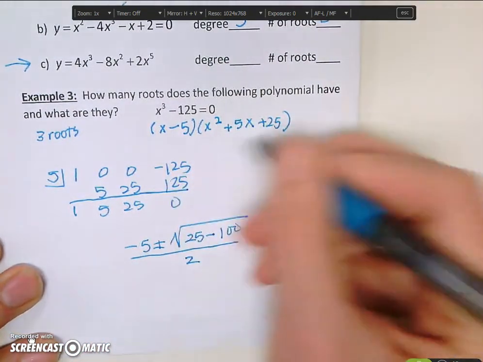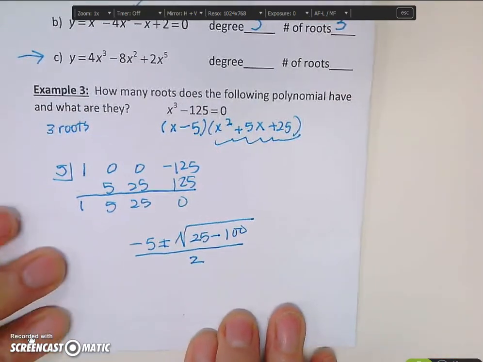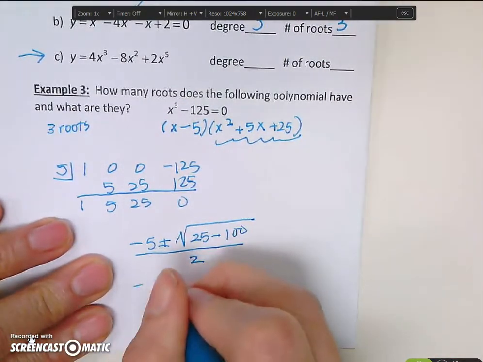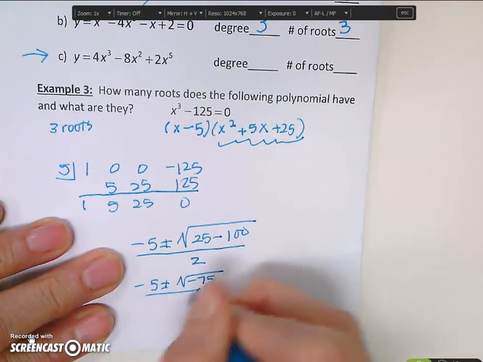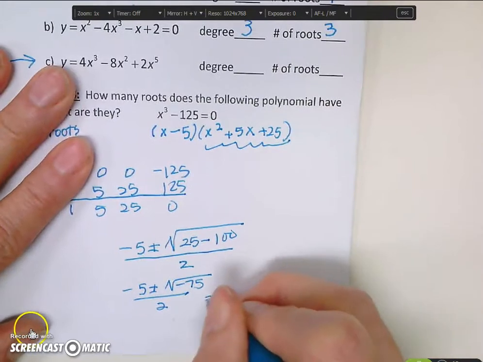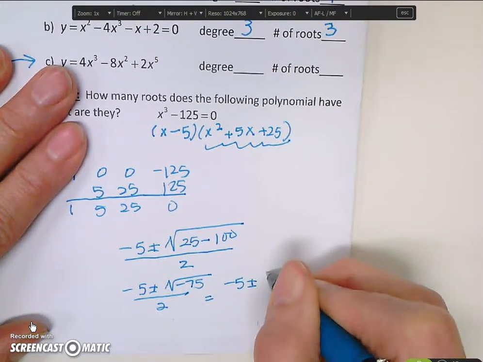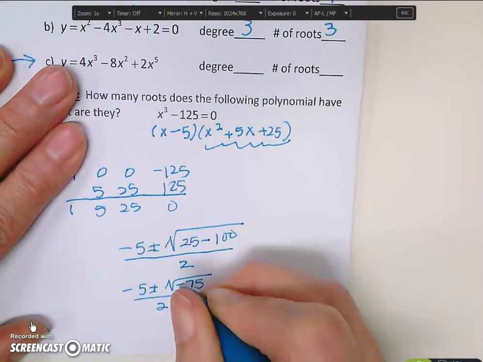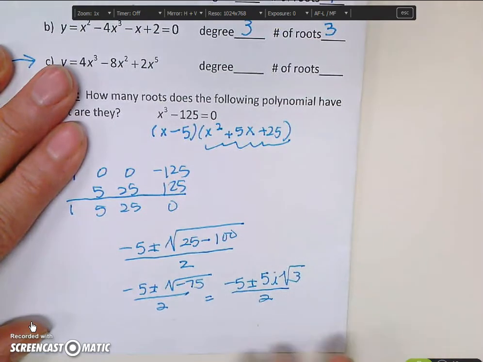So I'm using this with my quadratic formula. So that's going to be negative 5 plus or minus the square root of negative 75 over 2. Simplify that, negative 5 plus or minus, this is 25 times 3. So 5i, because of the negative, radical 3 over 2.